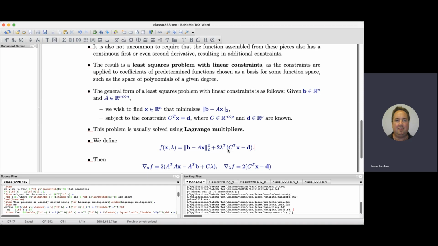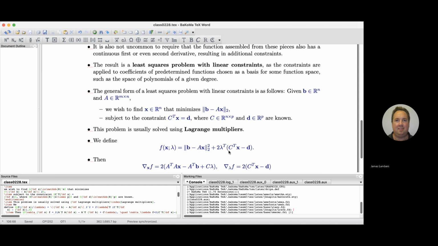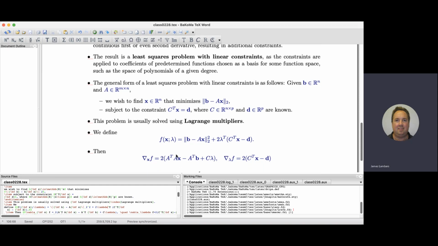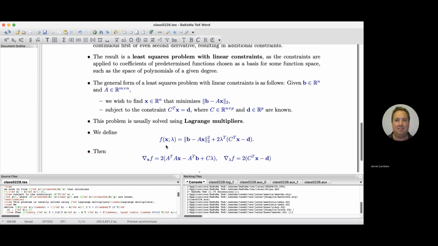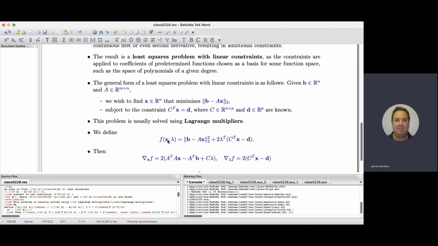So we add on this term. The vector lambda, that's the vector of Lagrange multipliers. So why does this work? What you do here is take the gradient of f, first with respect to the x variables, and then also with respect to the lambda variables.